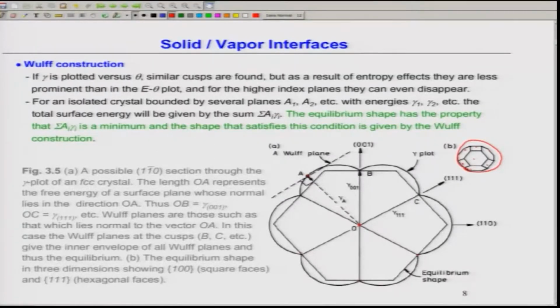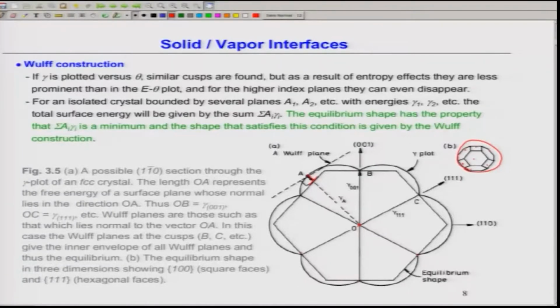You can see this is that normal. Obviously, this is my direction, and then I put a 90-degree line with respect to that. If I do that, that becomes my Wolff plane, okay.